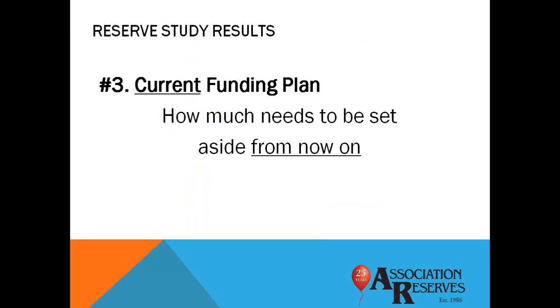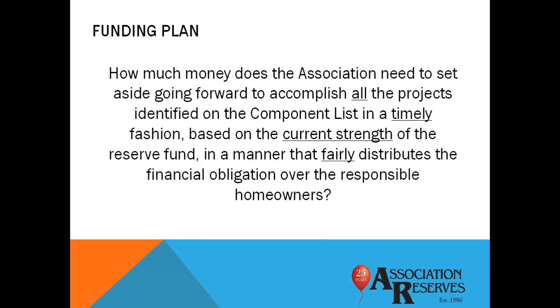Okay, finally, we're going to see how quick the funding plan, the third result from a reserve study, becomes outdated. The funding plan is the simple answer to the very important question you'll see on the screen: how much money does the association need to set aside going forward to accomplish all the projects identified in the component list in a timely manner based on the current strength of the reserve fund, in a manner that fairly distributes the financial obligation over the responsible homeowners?